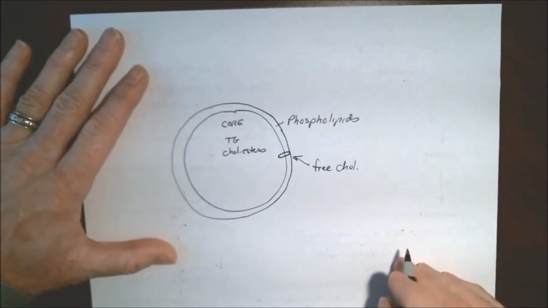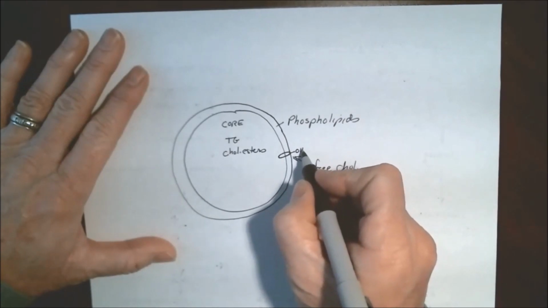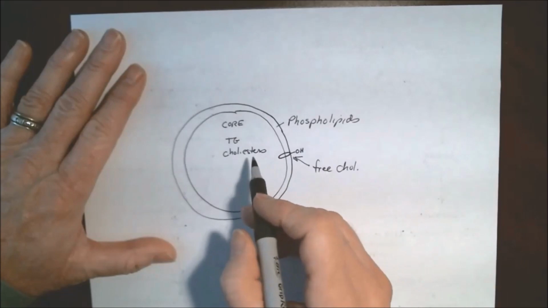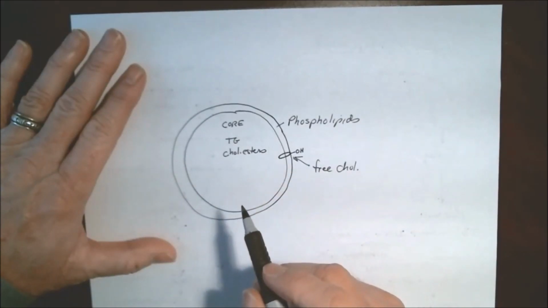Now, why does the free cholesterol anchor itself more toward the periphery? Well, that's because, remember, we have a polar hydroxyl group on the A ring of free cholesterol. So now we've established the core of hydrophobic molecules.